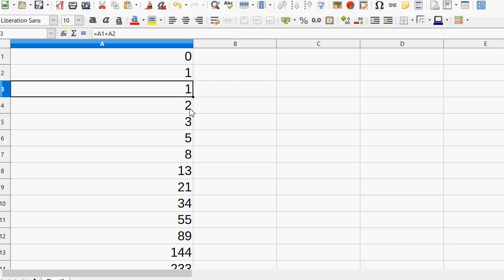Copy and paste that all the way through, and you've got the Fibonacci number sequence. You start with the two binary numbers, and you continuously add the two previous numbers to each other.